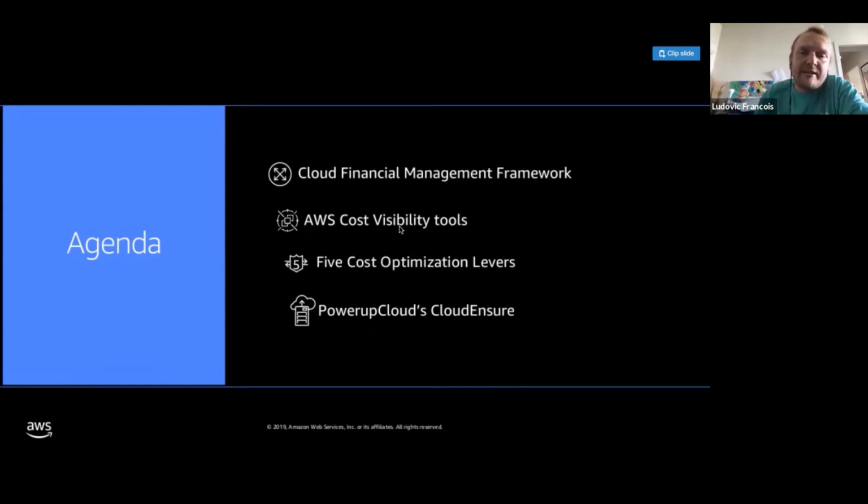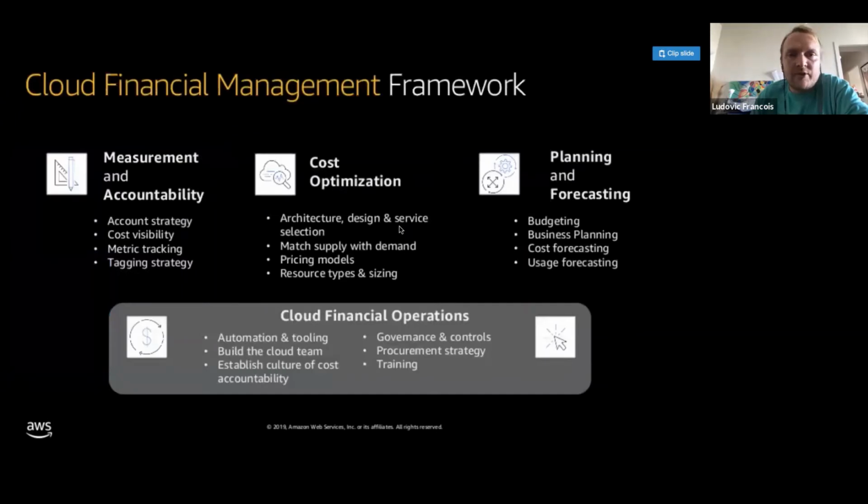There are a lot of good migrations, but one of the worst ways is to do a pure lift and shift and behave in AWS the same way you were in your data center.